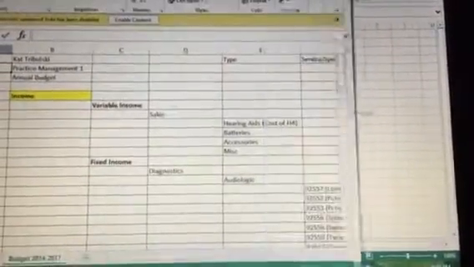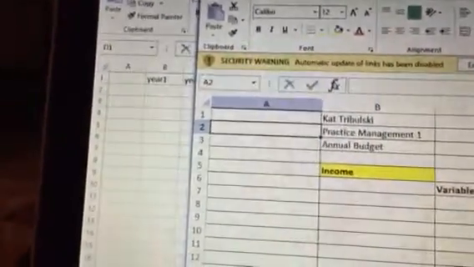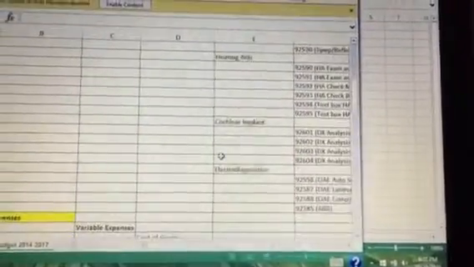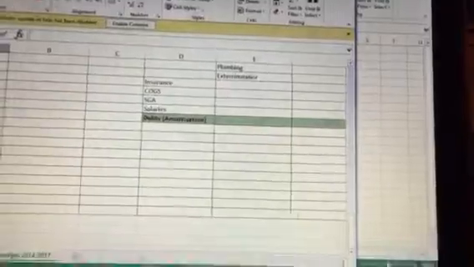It doesn't have to be that crazy. On your side here where it says year 1, you would put income first, and then you could have diagnostic. Then you would have a variable income for diagnostic and a fixed income. And then you'll have expenses, your COGS, all of that.